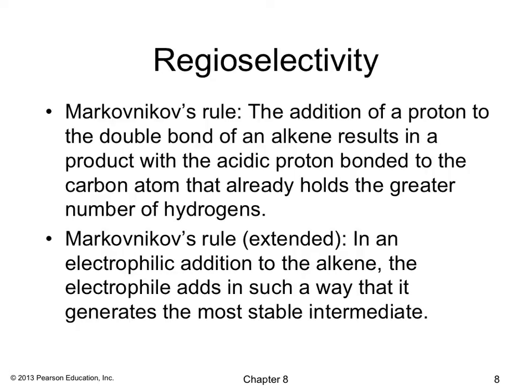In Markovnikov's rule, the addition of a proton to the double bond of an alkene results in a product with the acidic proton bonded to the carbon atom that already holds the greater number of hydrogens. In an electrophilic addition to the alkene, the electrophile adds in such a way that it generates the most stable intermediate.